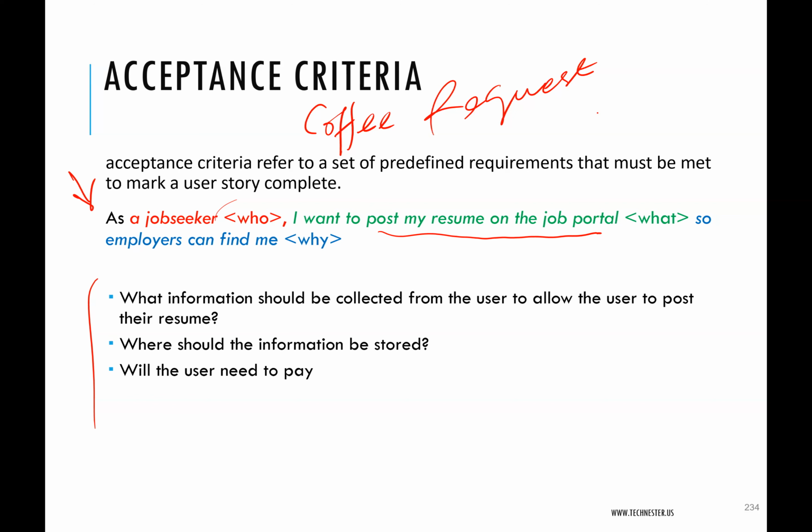Now, imagine if, as Wale is coming to the class tonight, I say, Wale, please help me get a cup of coffee. I give him that user story, but I don't give him an acceptance criteria. How will he know how I want my coffee?